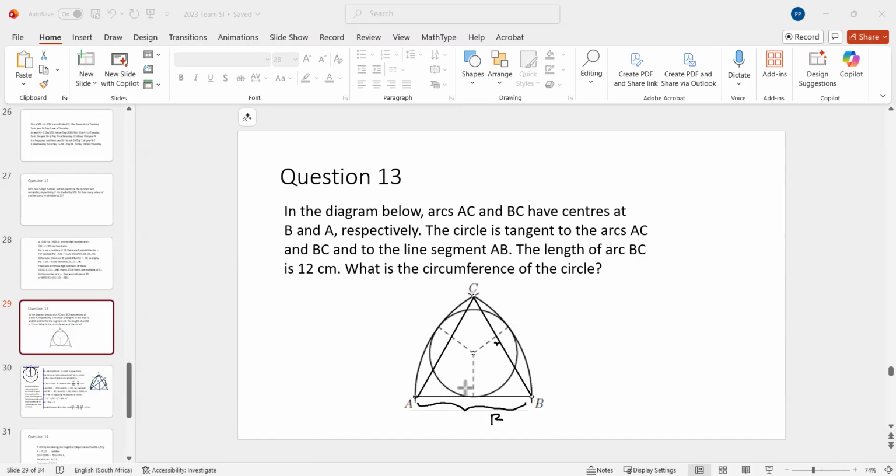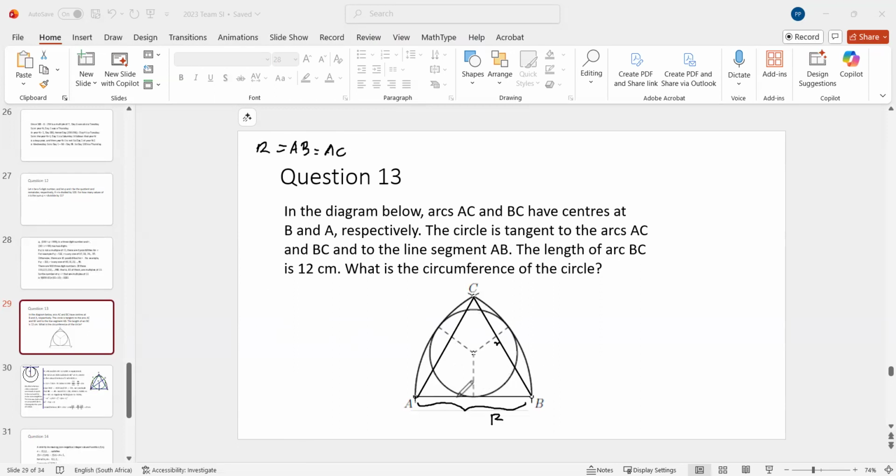So AB is the radius, so AC is also R. So AB is equal to AC is R. You can see AC is the radius as well.